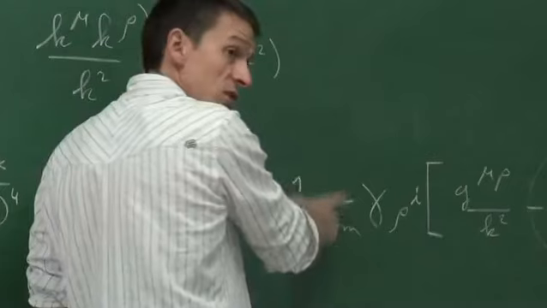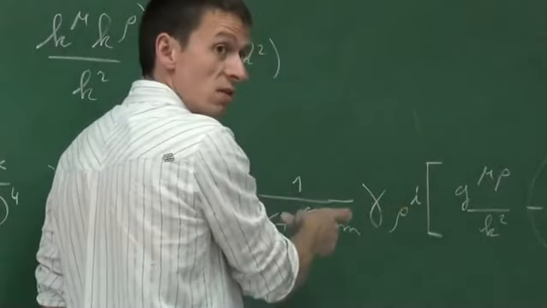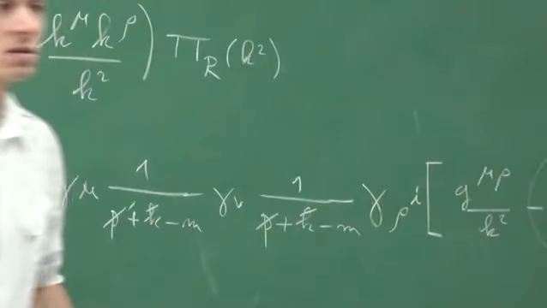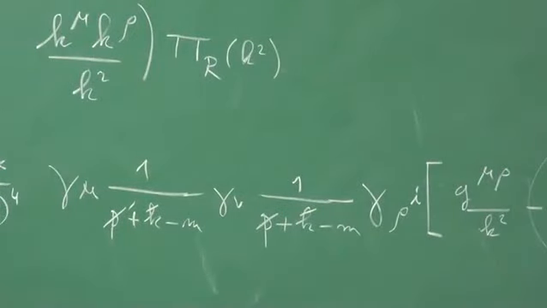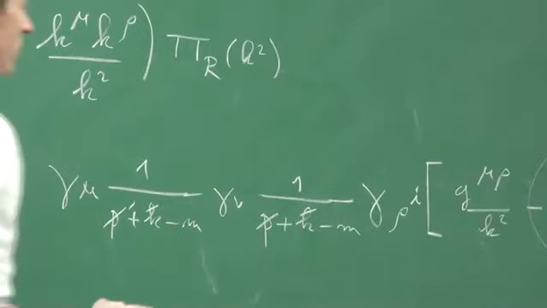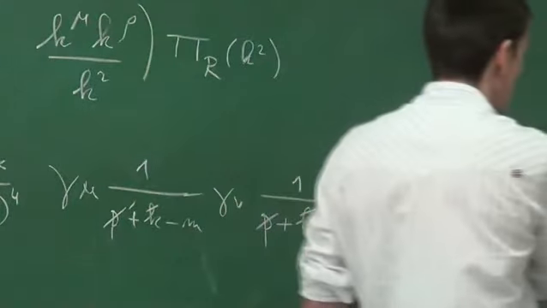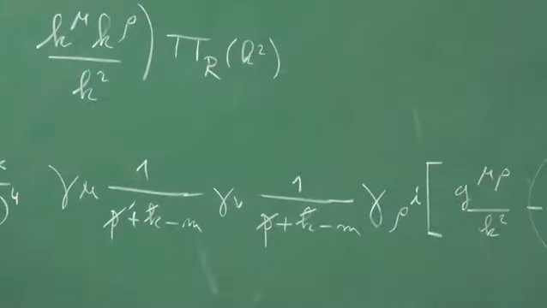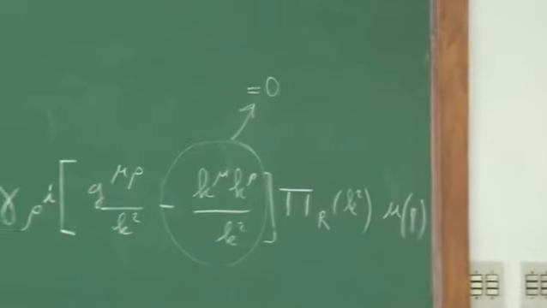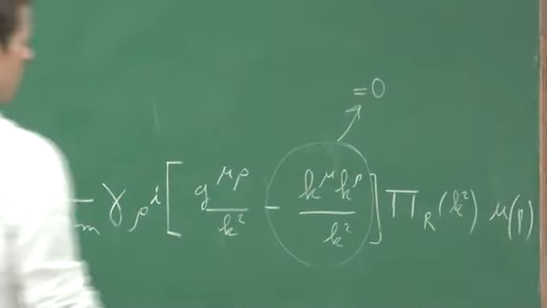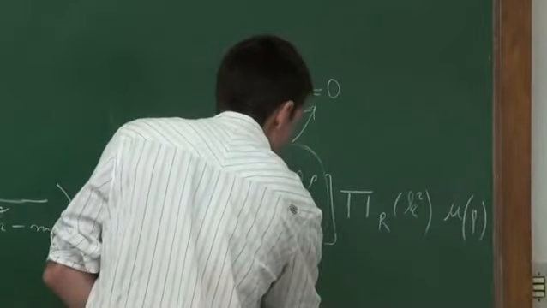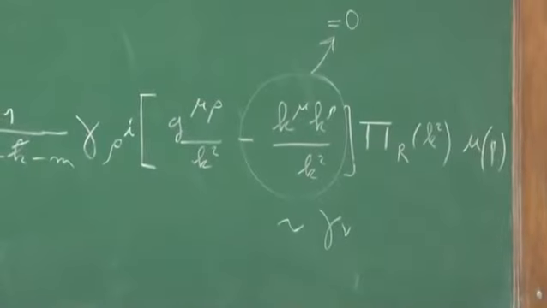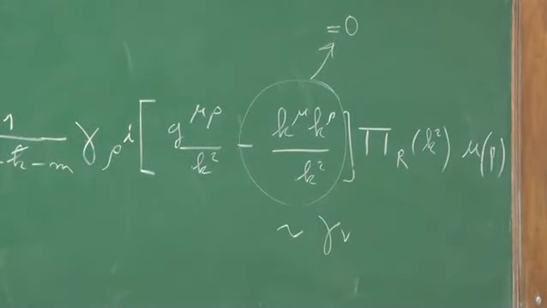So we have a cancellation between the numerator and the denominator. And what will stay at the end, by the Dirac equation, is not 0. It is the mass, because it will apply on this spinor here and here, and it will at the end give something which is proportional to gamma nu. So 0 for F2, but not for F1.